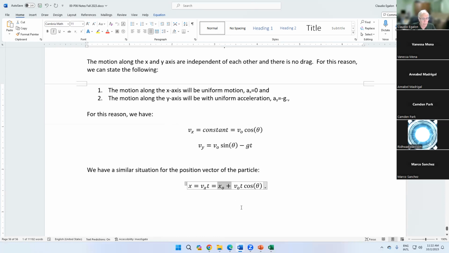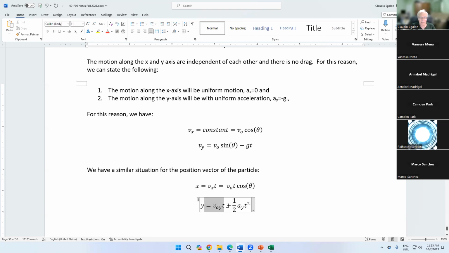So at this point in time, you must already have the solutions for uniform motion and accelerated motion in your head. But what about the vertical direction? For the vertical direction, we are going to have V naught y times t, plus half a sub y t squared.